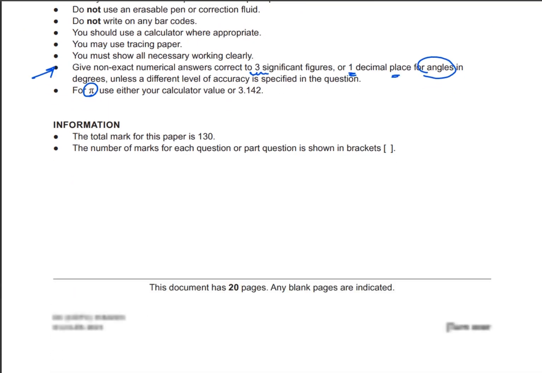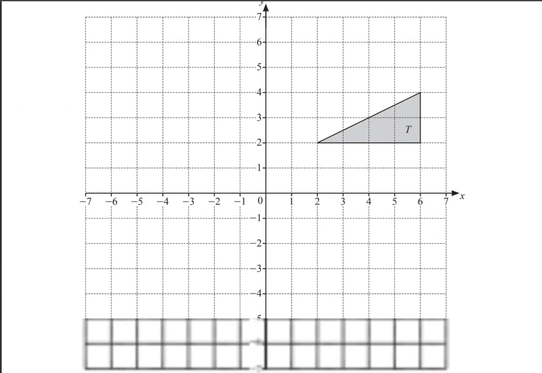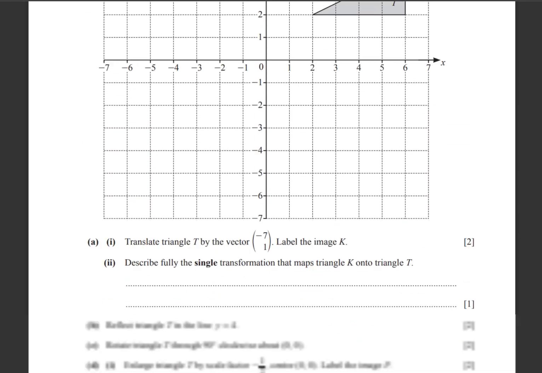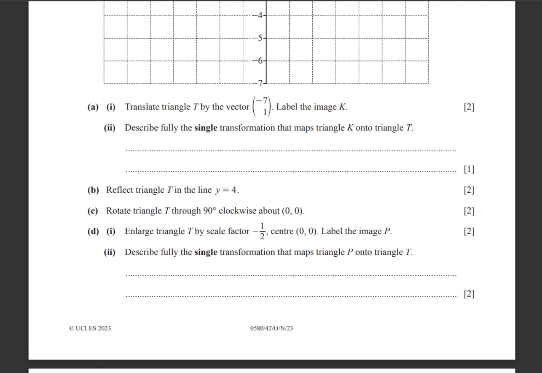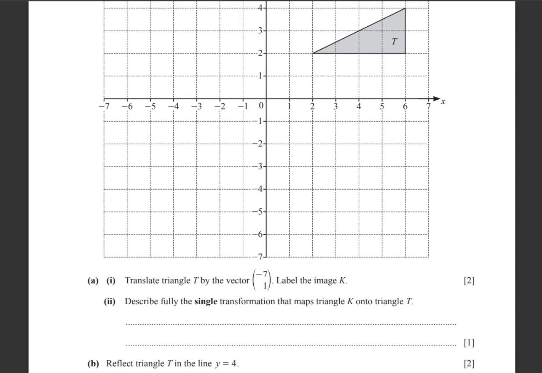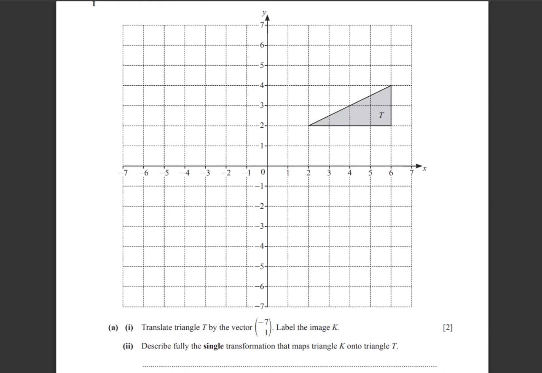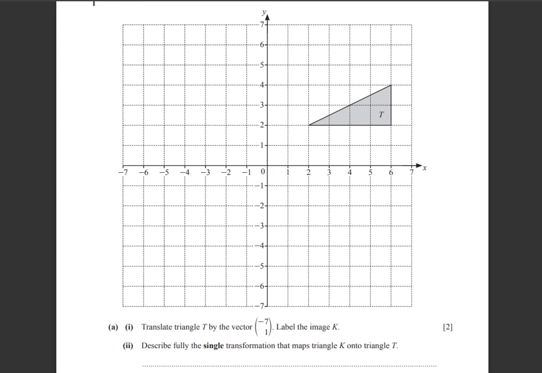Okay, let's start here. Question number 1. He's giving me this question, and you see this question has a lot of marks. Okay, first of all, he's telling you translate triangle T by vector -7 and 1.